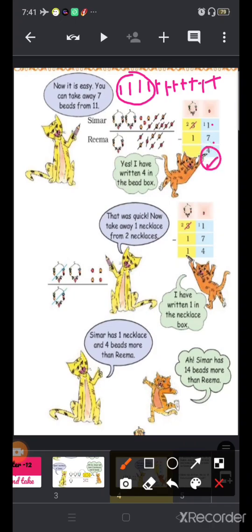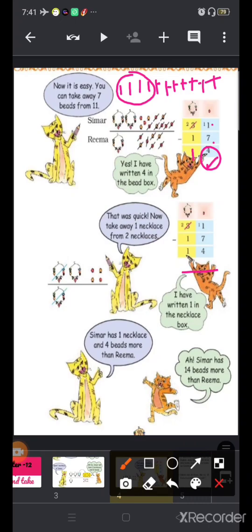Now if we subtract 1 from 2, what do we get? We get 1 here. It is already written here.